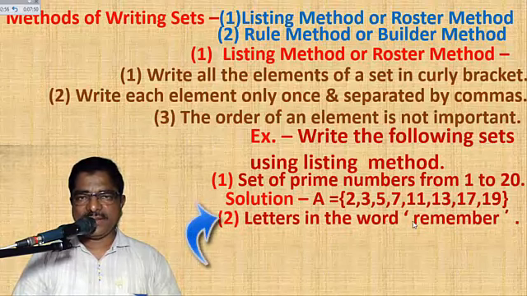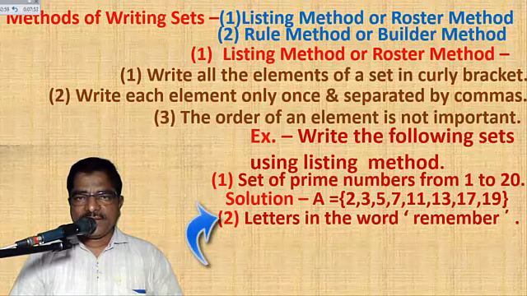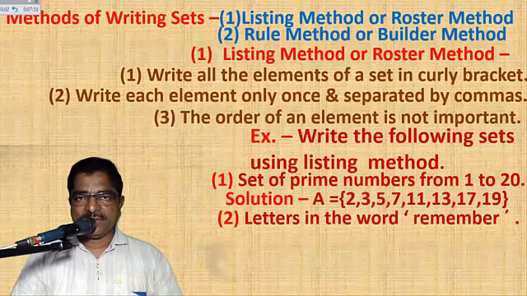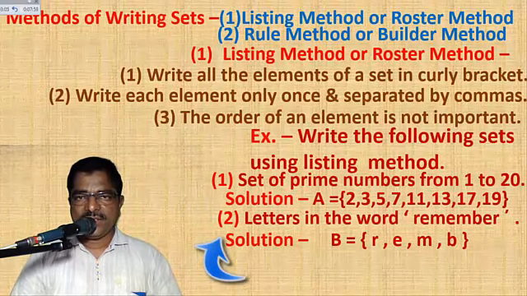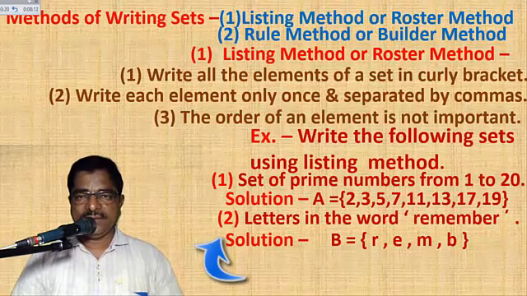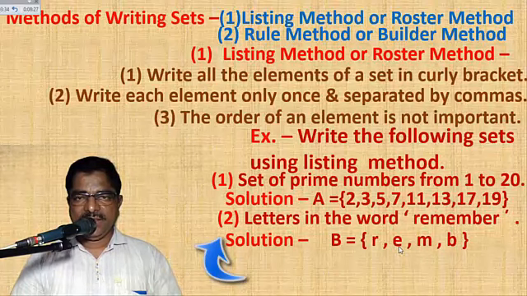We see another example: letters in the word remember. In the solution, the set is denoted by capital letter A is equal to, in curly brackets, the first letter of remember is R. Then we write a comma, the second letter is E. We write it here with a comma, the third letter is M, the fourth letter is E, but we cannot write it here because E we already wrote. Repeated elements we write only one time.